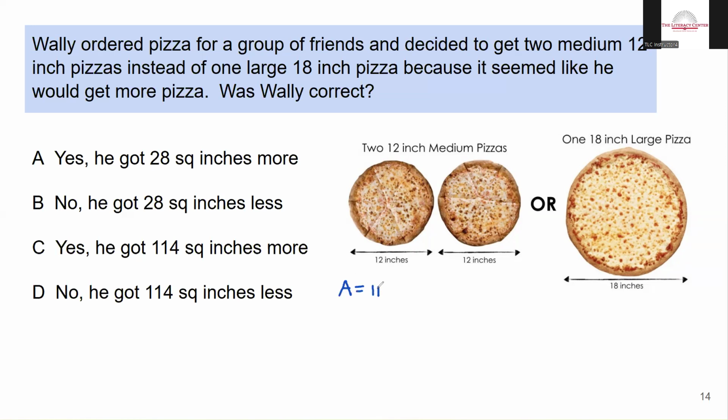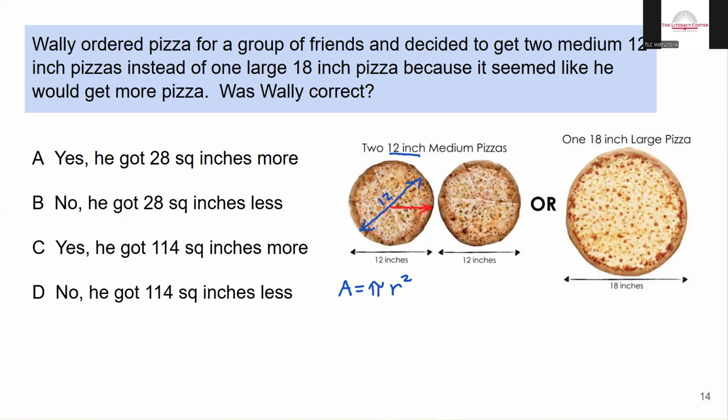Area equals pi times r squared. And I talked about how when we say a 12-inch pizza, that's a diameter. So we want to be thinking about half of that. Let me show that in red as being our radius.